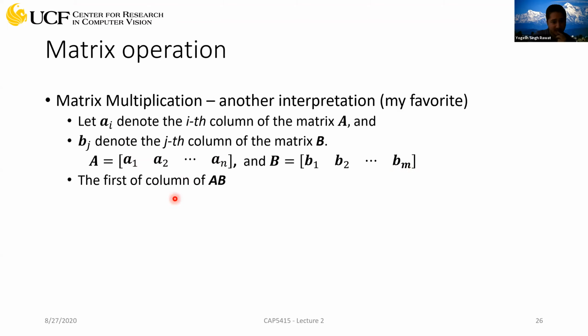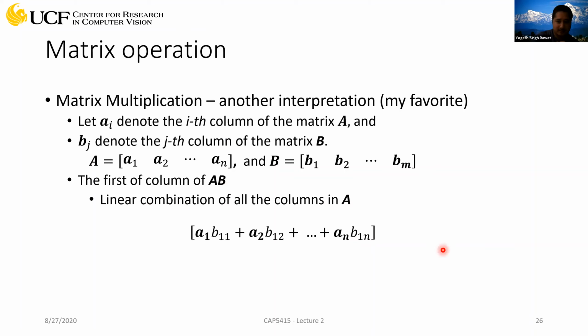If we multiply them, this time it's not A transpose, it's just A times B. Now, in this interpretation, if we want to get the first column of A multiplied by B, that is represented as a linear combination of all the columns of A. So if we multiply A with B, we'll get a matrix, and in that matrix you will have a first column. How do we get that column? That column is nothing but a linear combination of all the columns of A.